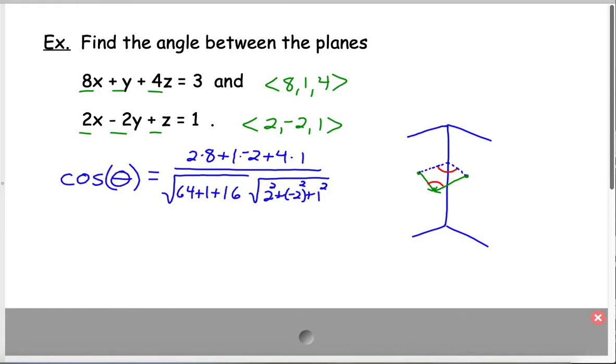And so therefore we've got theta, the angle between the vectors, which is going to be the angle between the two planes, is equal to, what do we get?